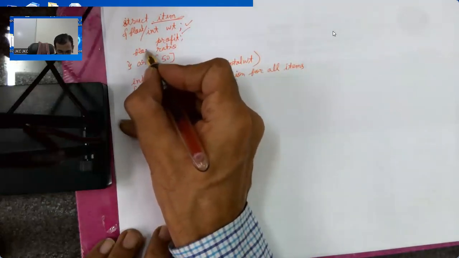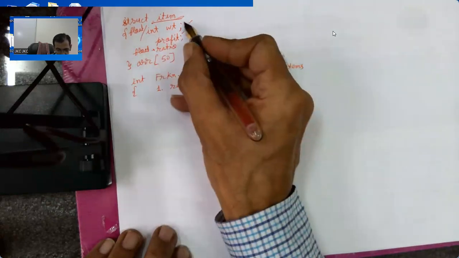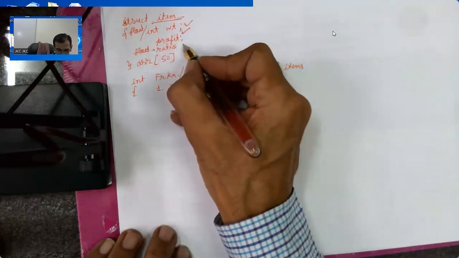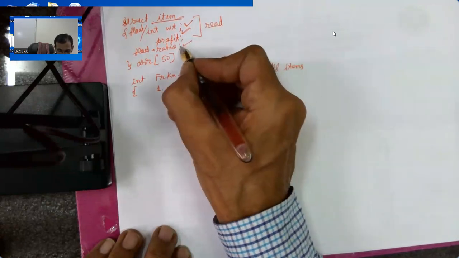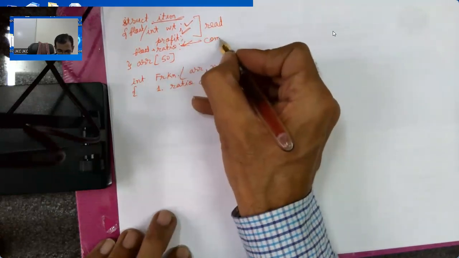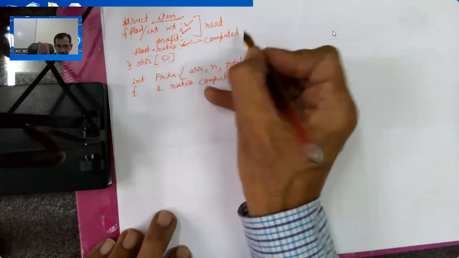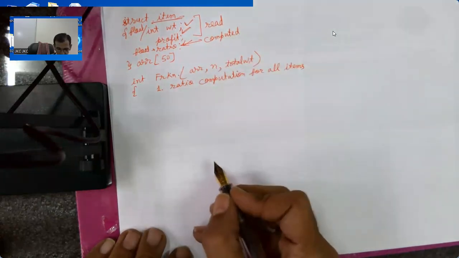This will definitely be a float value. So I can store weight, profit and ratio. Weight and profit will be read from the user, the ratio will be computed, but I can store it within the same structure.